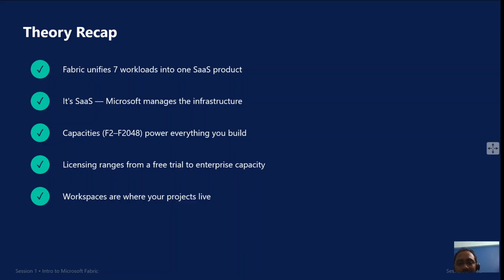Capacities start from F2 up to F2048 as per the workloads, consumption, utilization, and the larger analytics that we are going to deal with. Licenses range from the free trial to enterprise capacity, and workspaces are where your projects live, each tied to a capacity. Got it? That's today's theoretical activities which we discussed.